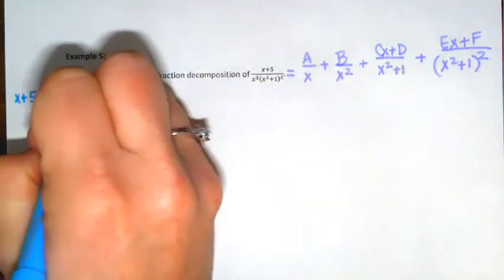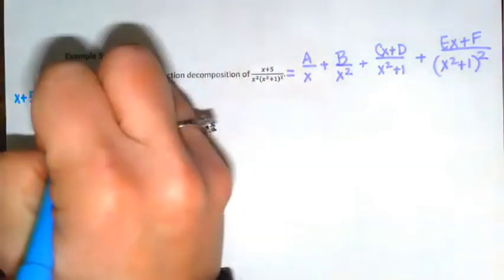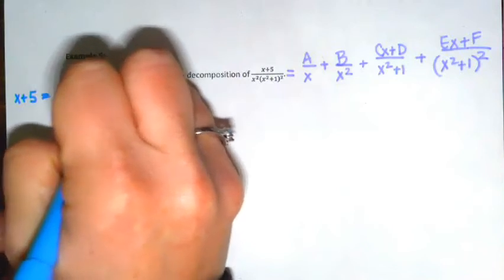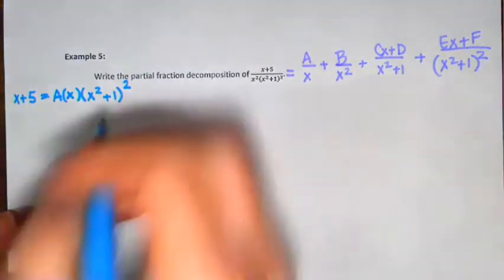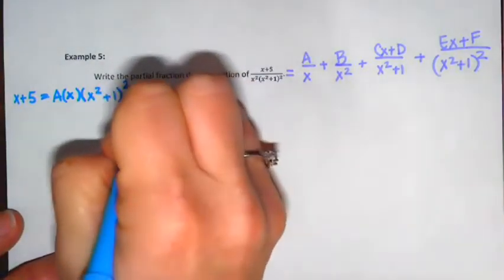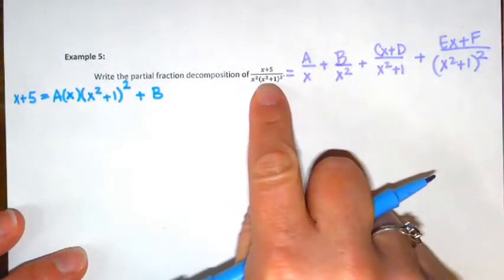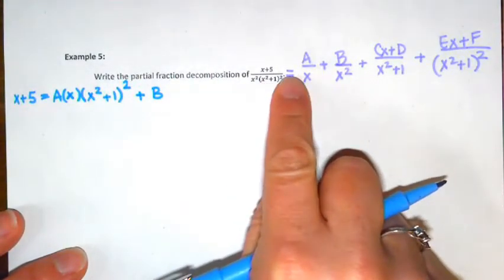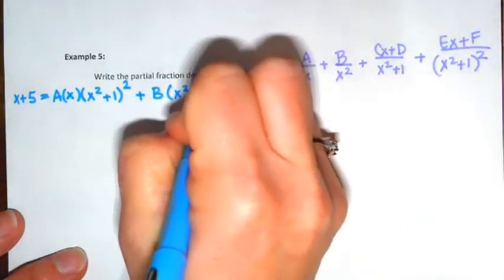I also need the x squared plus 1 squared, so I multiply by x squared plus 1 squared. My B has the x squared, which is great, but I don't have the x squared plus 1 squared, do I? No. So I need to multiply by the x squared plus 1 squared.